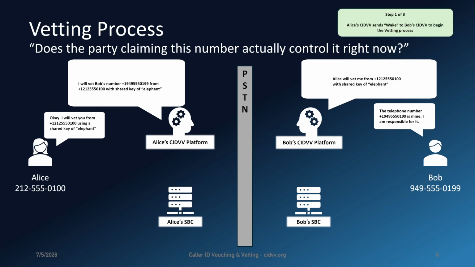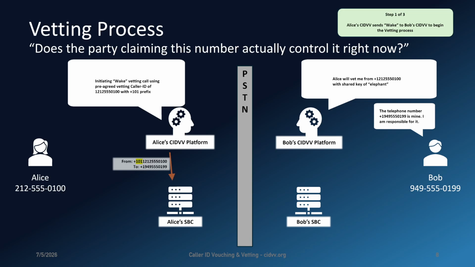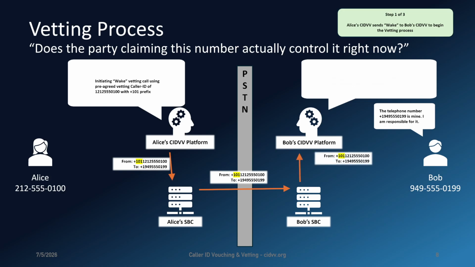And now we do step 1 of 3. Okay. Alice's platform makes a wake call to wake up Bob's CIDVV platform. Okay. So Alice's platform calls Bob with Alice's caller ID, but puts a +101 in front. That way Bob's SBC knows to send anything with a +101 in front up to Bob's CIDVV platform. Okay.